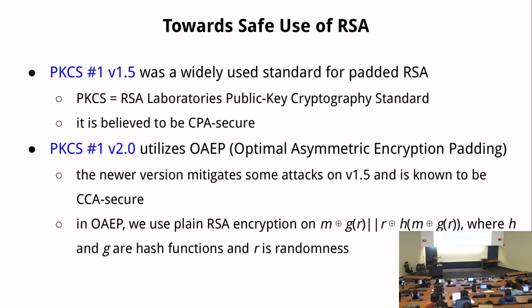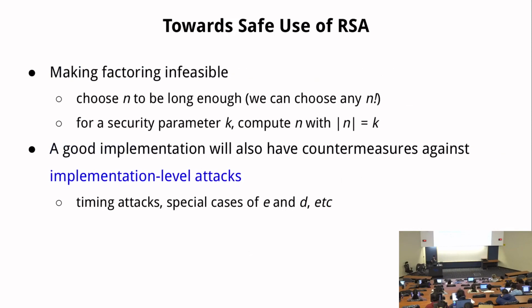Those random numbers are not really secret, and the hash functions obviously are not secret, but they are important here to make RSA resistant to replay attacks, something like that. Also, just to make the factoring harder, we just choose a longer, bigger n.